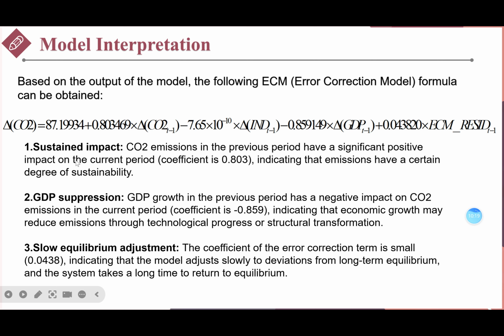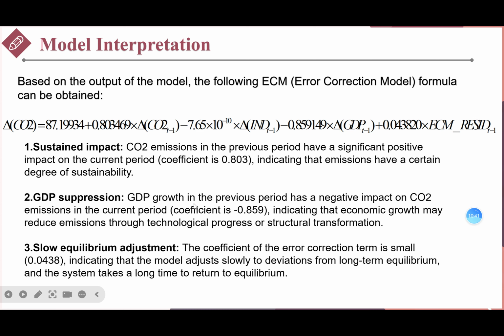First, sustained impact. CO2 emissions in the previous period have a significant positive impact on the current period, indicating that emissions have a certain degree of sustainability. And GDP suppression.